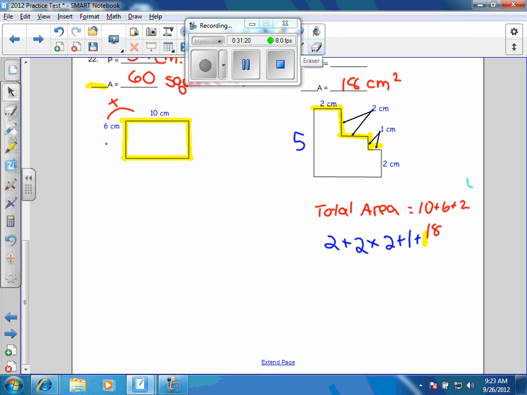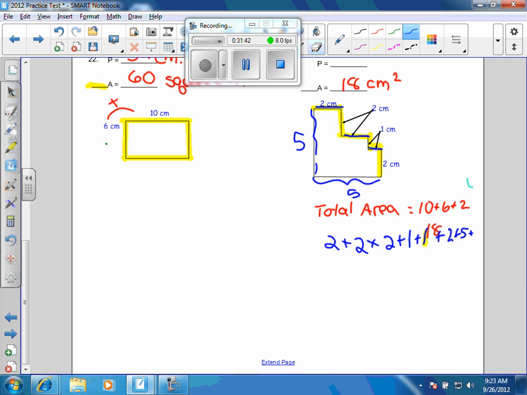Oops, I meant that to be blue. Plus this, which is 2, plus what's the bottom? It's 5, right? 1 plus 2 plus 2 is 5. And this one right here, 5.